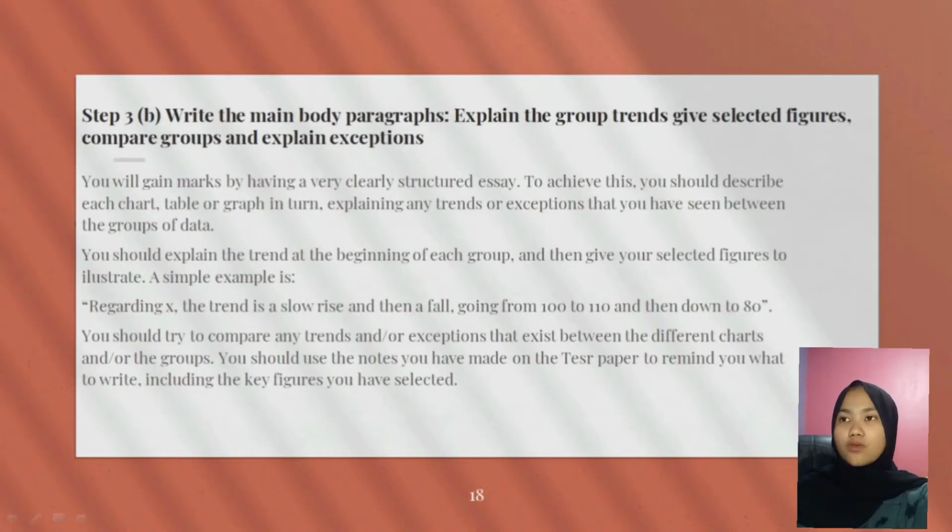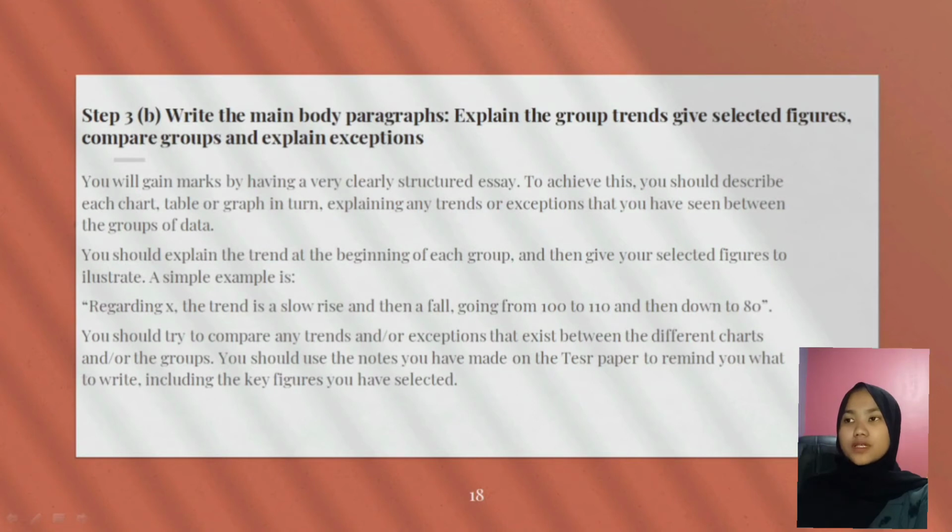Step 3B. Write the main body paragraph. Explain the group trend, give selected figures, compare groups, and explain exceptions. You will gain marks by having a very clearly structured essay.